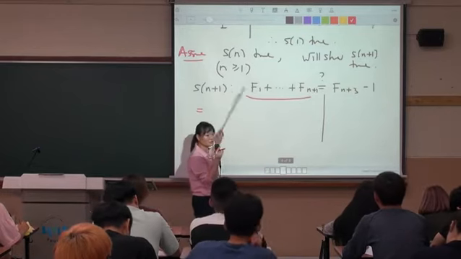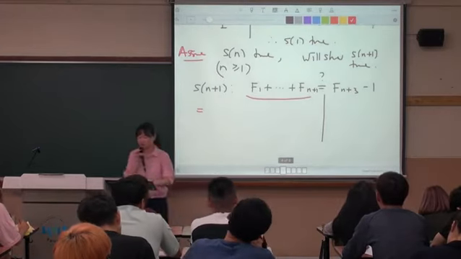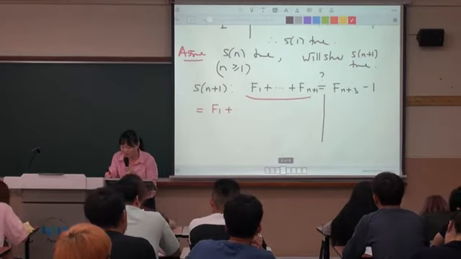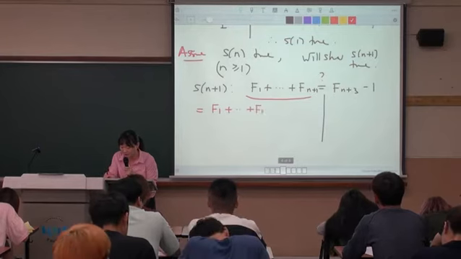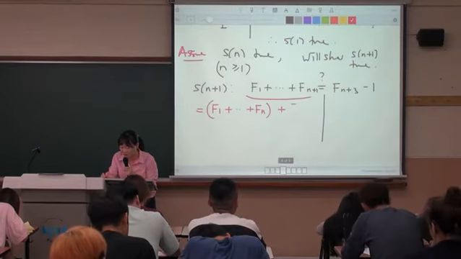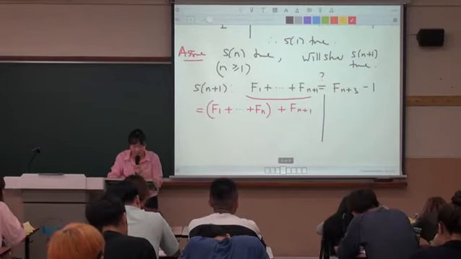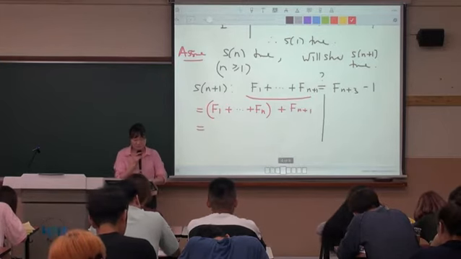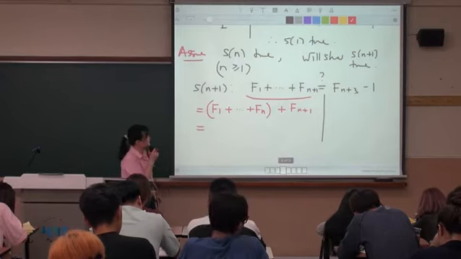We use Sn true, right? So what's Sn? F1 dot dot dot Fn plus Fn plus 1. What do we know about Sn?